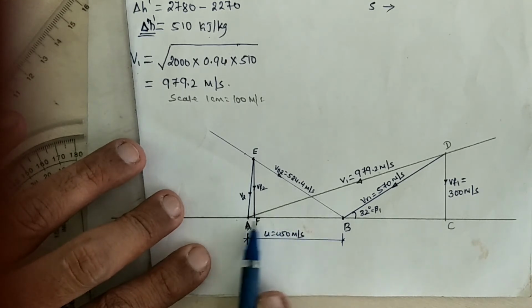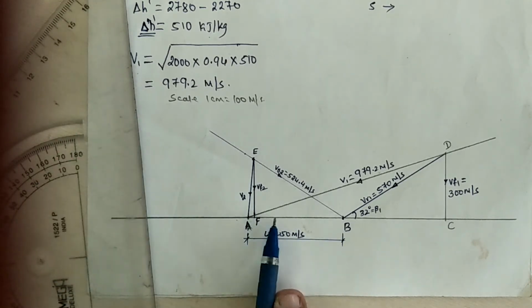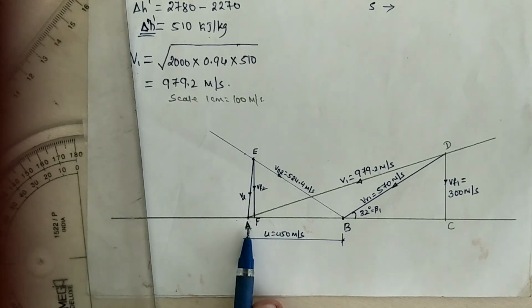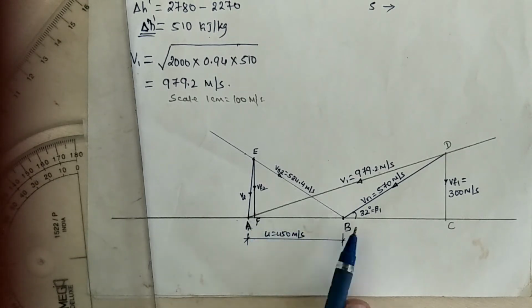AB is nothing but the U line. Overlapping is taking place on U.